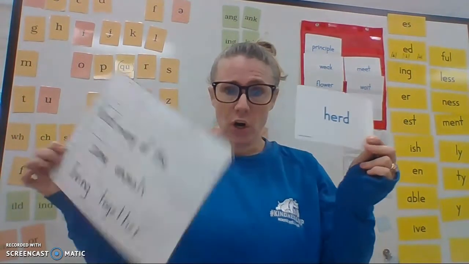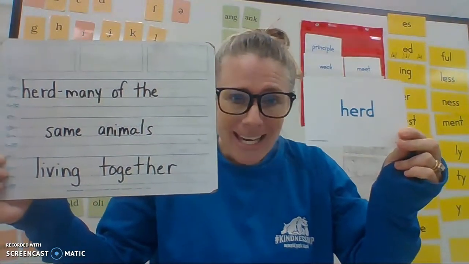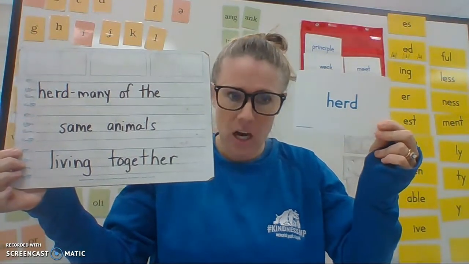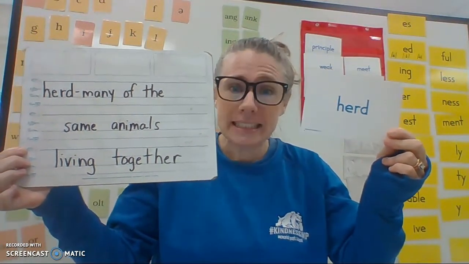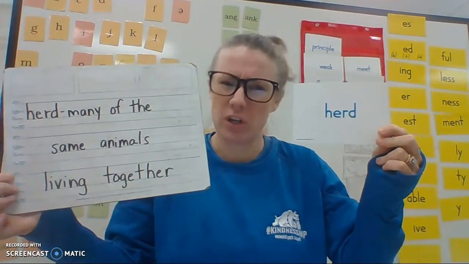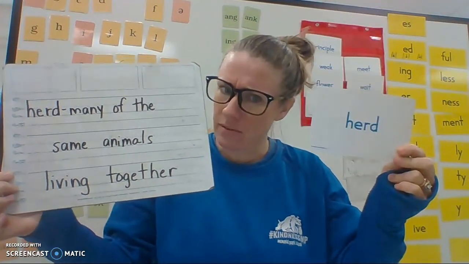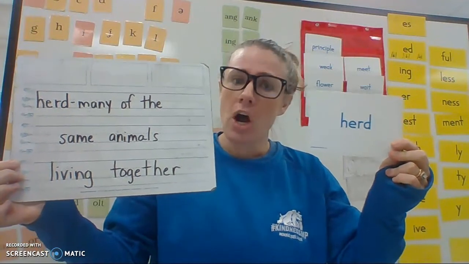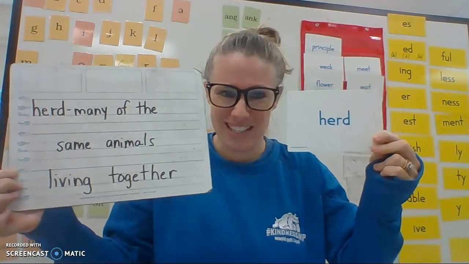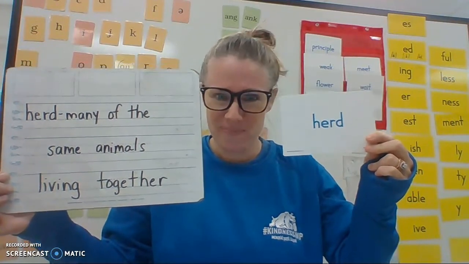And this kind of herd means many of the same animals living together. Like a herd of geese, a whole bunch of geese. And that's usually called a gaggle of geese, I believe, or a google. I'm not positive. I am not an animal expert. A herd of elephants. That's a better example. When there's a whole bunch of elephants living together, it's a herd.